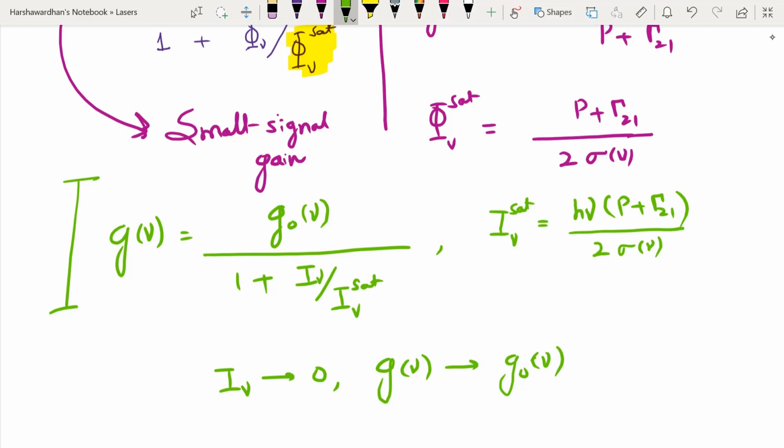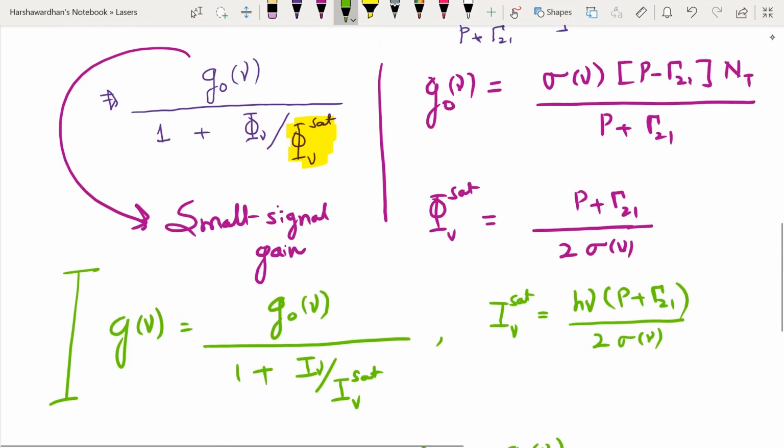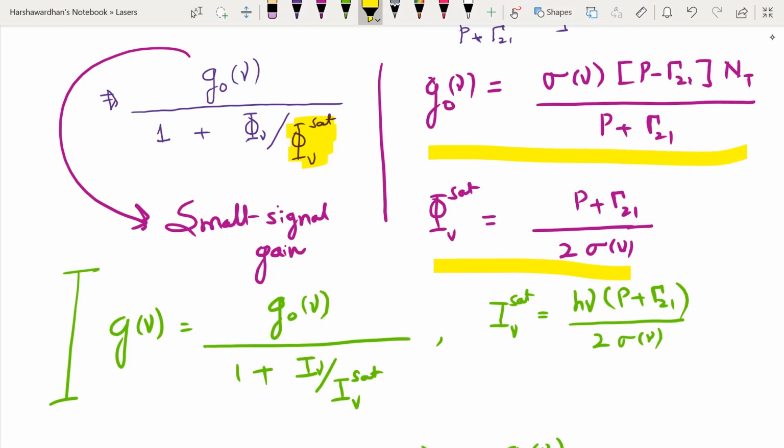Usually, both of these parameters, that is the small signal gain as well as the saturation intensity, are experimentally measured parameters. Only in this case of the three-level model are we actually able to obtain these following forms for these two parameters.